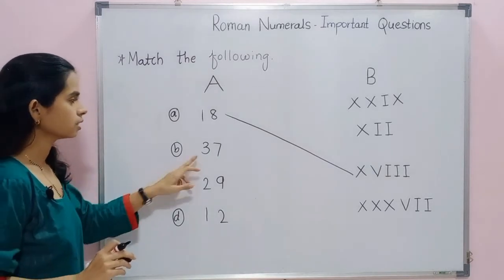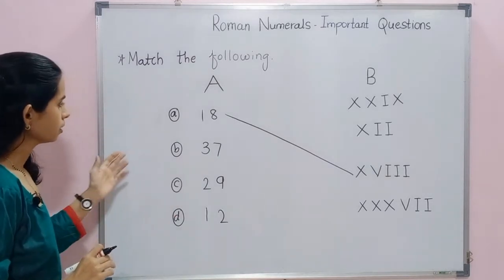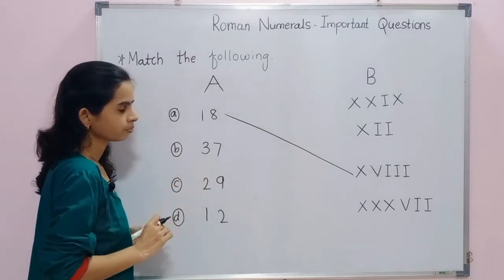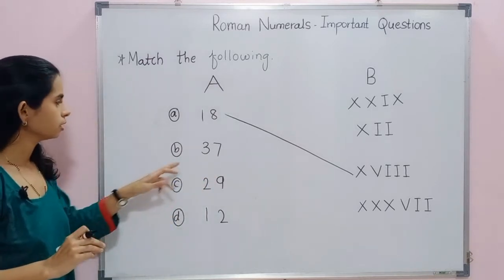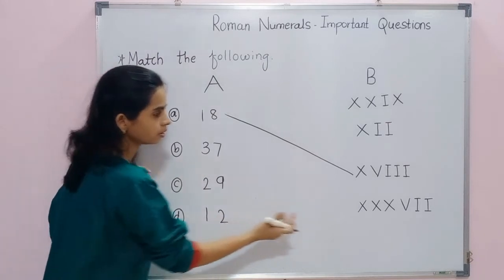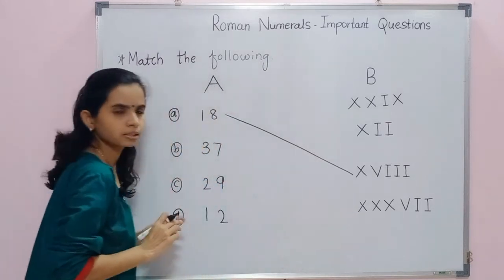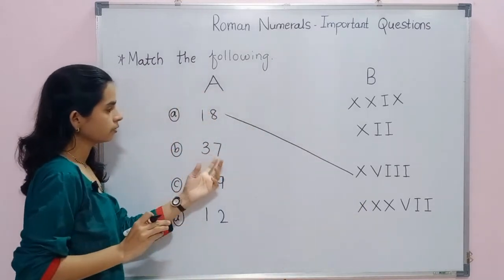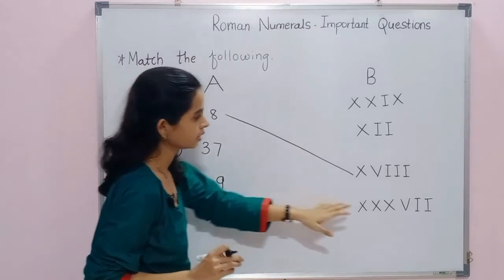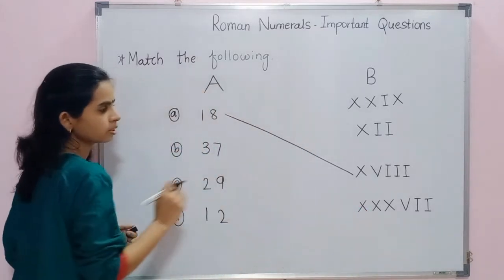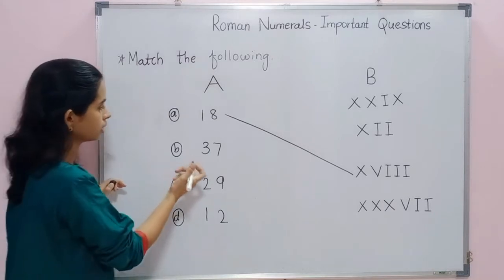Then next is 37. When we read the number 37, we come to know X will come 3 times. In this option, X is coming 3 times, and 7 can be represented by the symbol VII. So this is the correct match of 37.